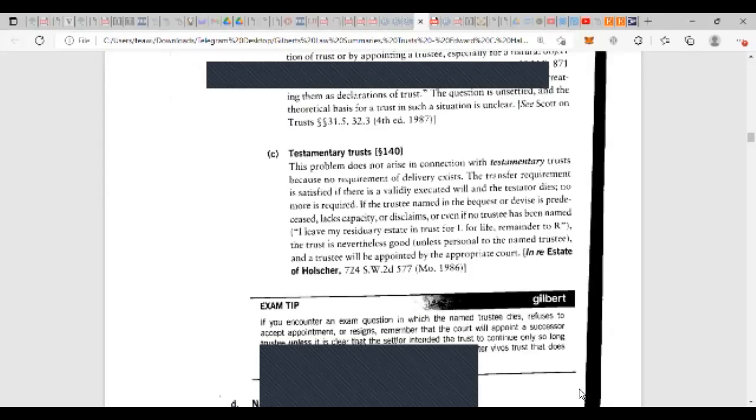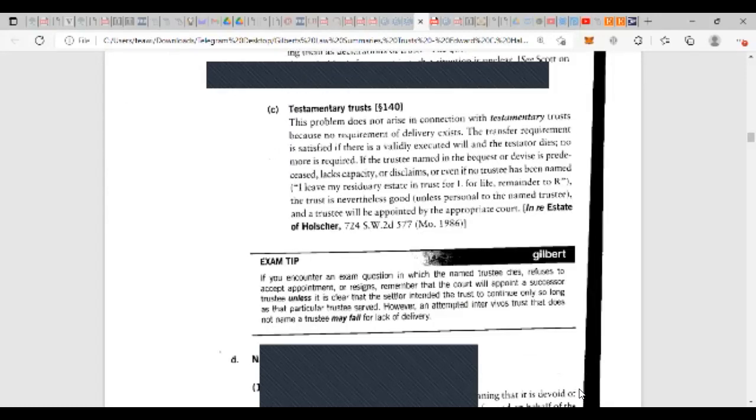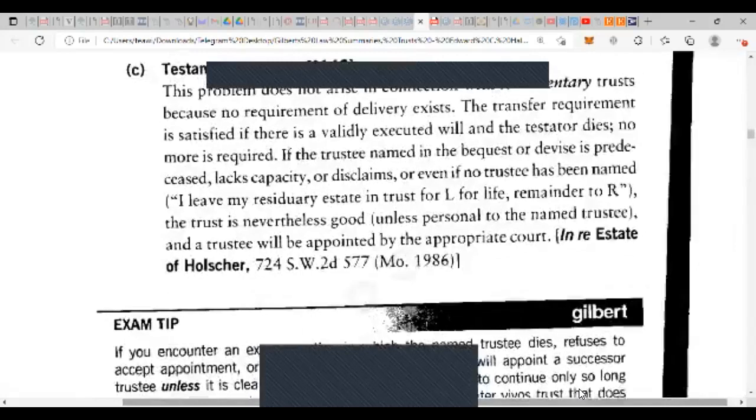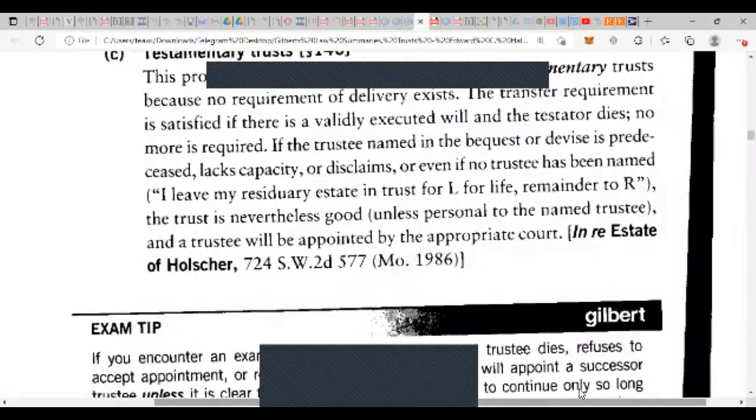Testamentary trust, Section 140. This problem does not arise in connection with a testamentary trust because no requirement of delivery of existence exists. The transfer requirement is satisfied if there is a validly executed will and the testator dies. No more is required.